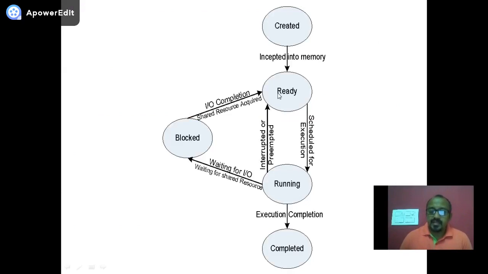So task 1 is created, it comes into ready state. In the ready state, it is waiting only for the CPU. When it gets the CPU time, it goes into running state and starts executing its code. When it completely finishes the execution of the code, the task goes into completed state. If in between a higher priority task invokes and preempts, then it goes into blocked state.